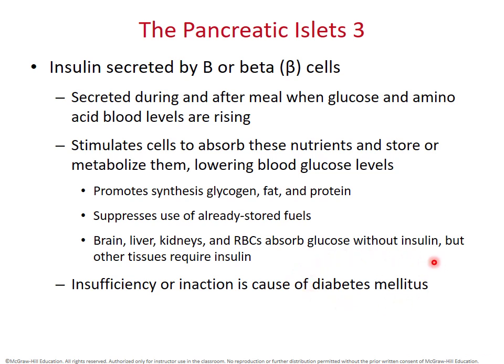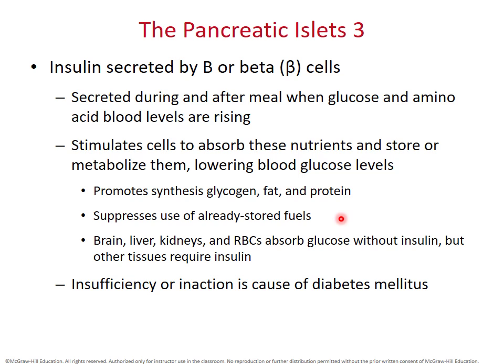And so it's difficult for cells to pick up glucose, but more harmful is the fact that glucose levels in the bloodstream remain very high. And these high levels of glucose can damage a variety of tissues in the body, ultimately and eventually causing death if untreated. And it's these high levels of blood glucose associated with diabetes mellitus that cause glucose to wind up in the urine.